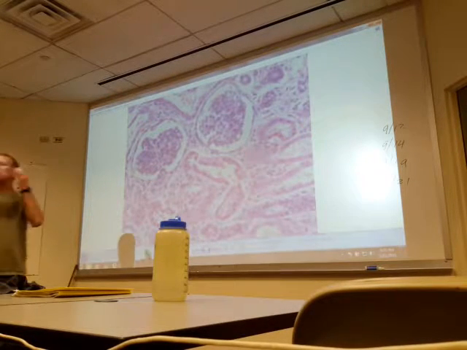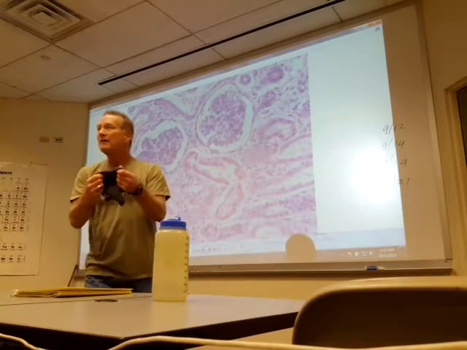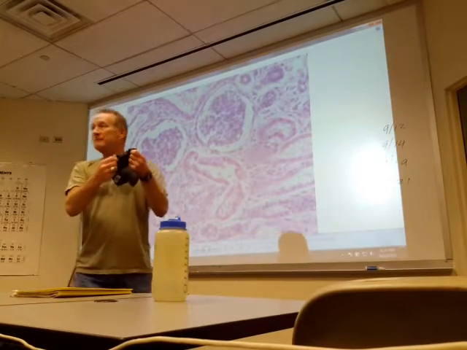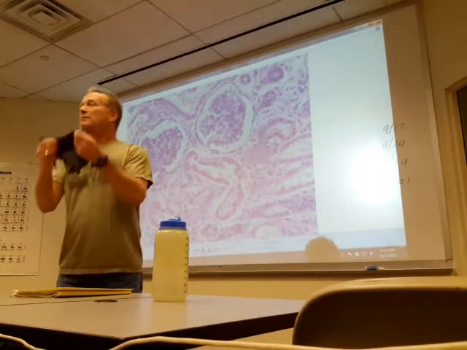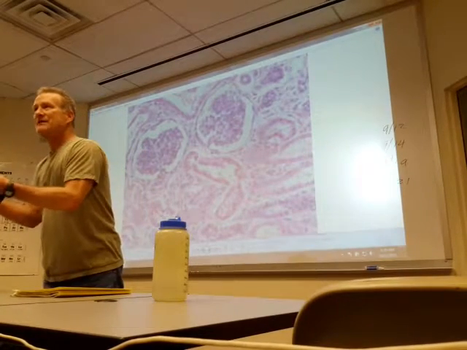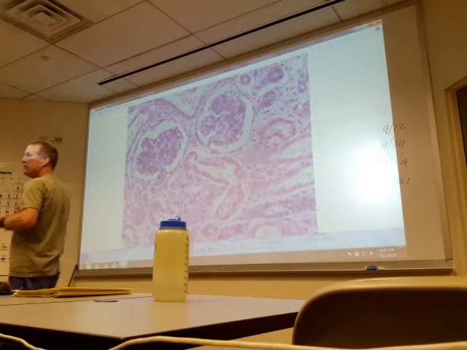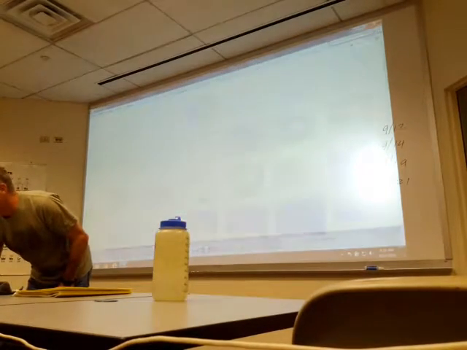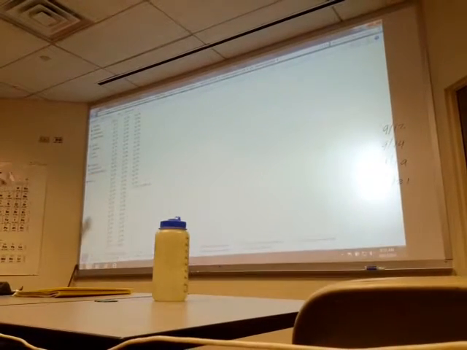But generally you know this is a slide from the lung of a male, age 26, no history of smoking. Is the tissue normal, precancerous, or cancerous? You normally know what you're looking at before you look at it. Well, you guys don't. It's more like, pick a number.